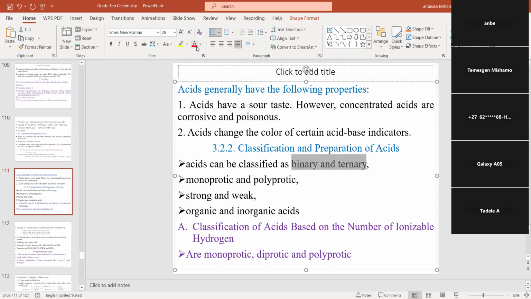A binary acid is acid containing two elements. Ternary acid is acid containing three elements. This is one of the classification of acid.